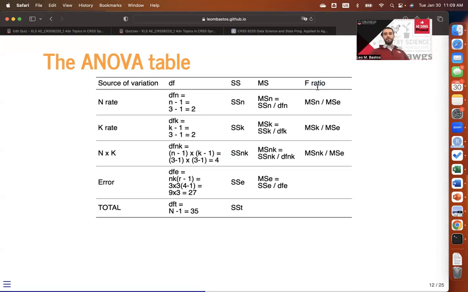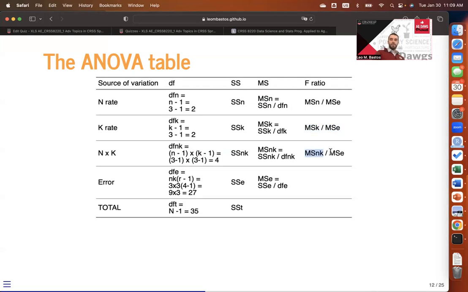So if we see here, I want you to pay attention to this. The F ratio for the main effect of nitrogen is going to be the mean square of nitrogen, which was just calculated here using the sum of squares and the degrees of freedom of nitrogen, divided by the mean square of the error. The same is for potassium. It changes the potassium part, but is divided by the mean square of the error.